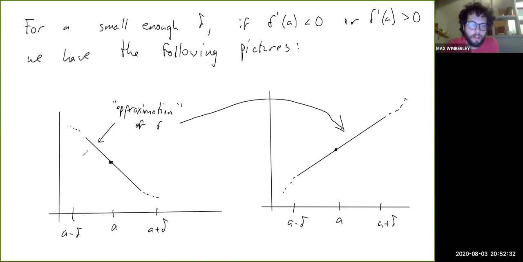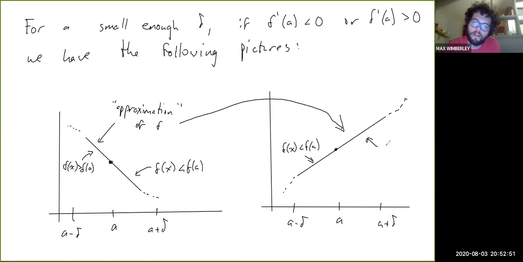So clearly here f of x is greater than f of a, and here f of x is less than f of a, and similarly here f of x is less than f of a, and here f of x is greater than f of a.